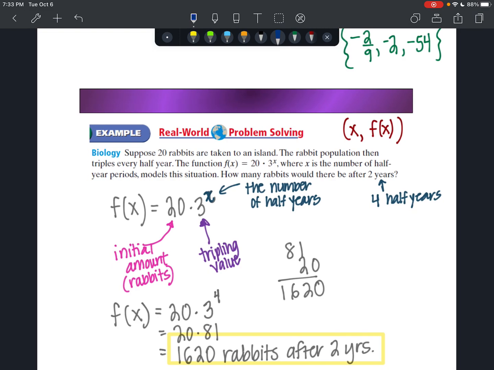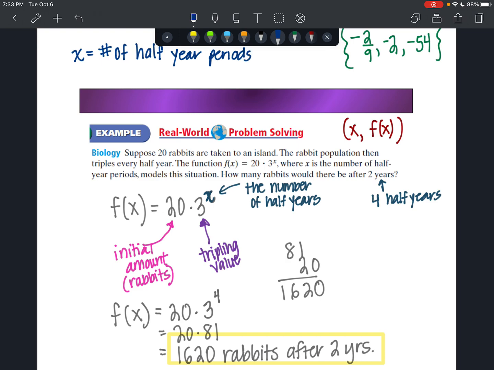I want to come back up here and I want to define my variables, because if we can take a word problem and we can define our variables, that's going to be very important. Remember, we're very specific about the way we define our variables. X is going to equal the number of half year periods.